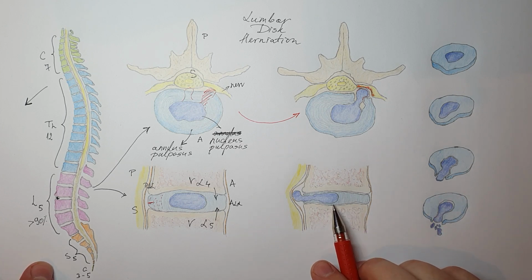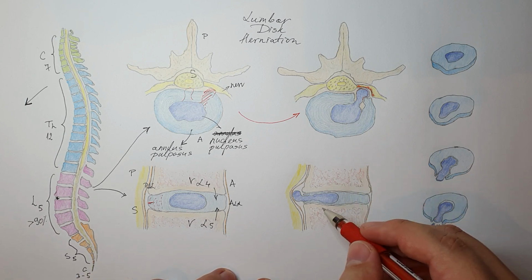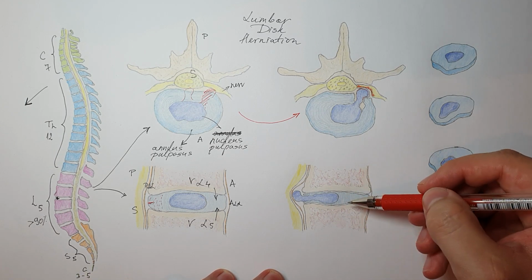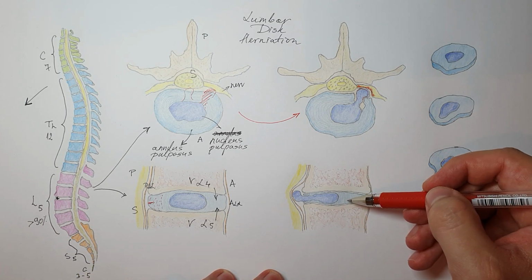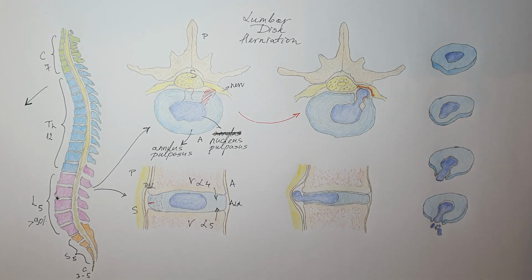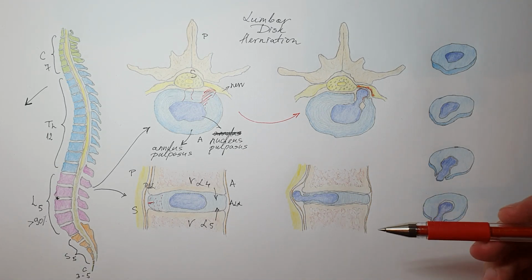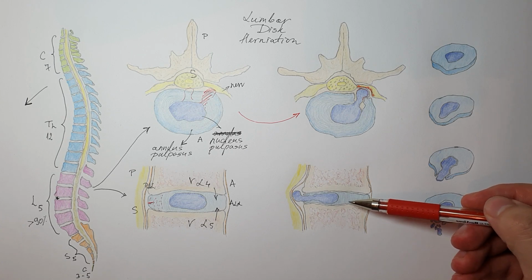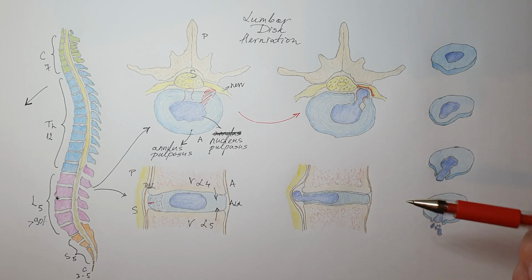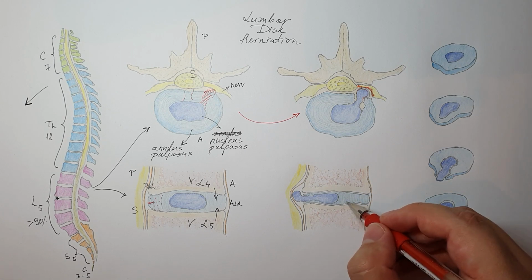If we look at it from the side perspective, we see that the height of the disc has changed. You can see that also on X-ray films, that the intervertebral disc space has narrowed. The disc has degenerated.